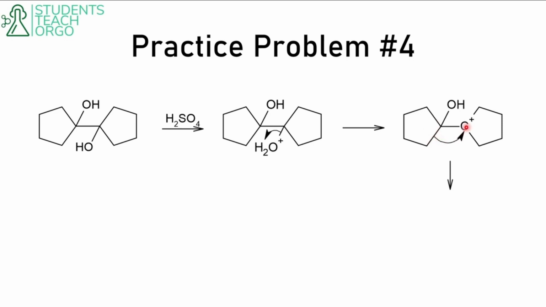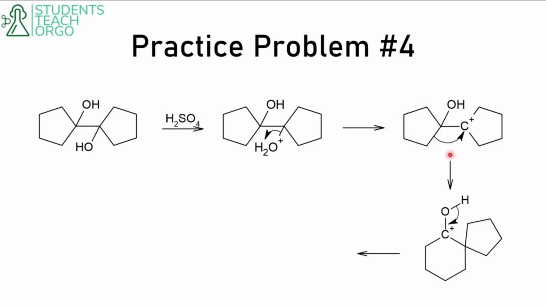Either one of these bonds, we'll choose this one, and move it over to this carbon here. So what we get now is a 6-member ring and a 5-member ring, right? So this 5-member ring is coming from here, right? And then the 6-member ring now is forming between this carbon. So 1, 2, this carbon, 3, 4, 5, and 6, this last carbon, right?